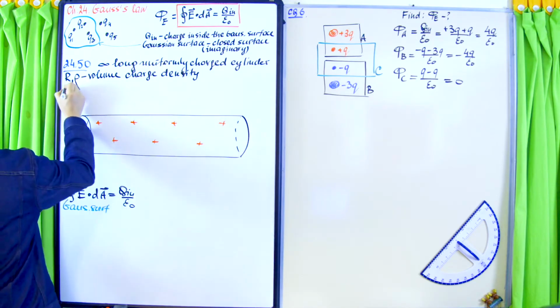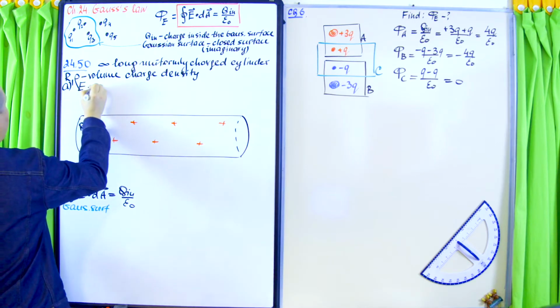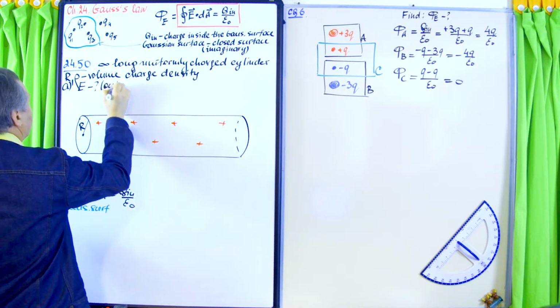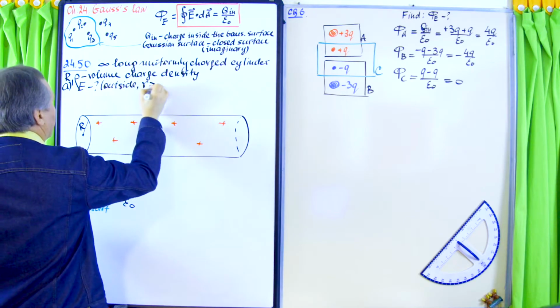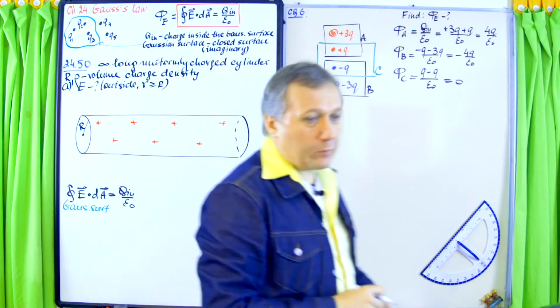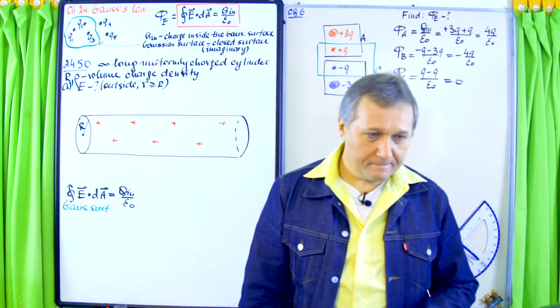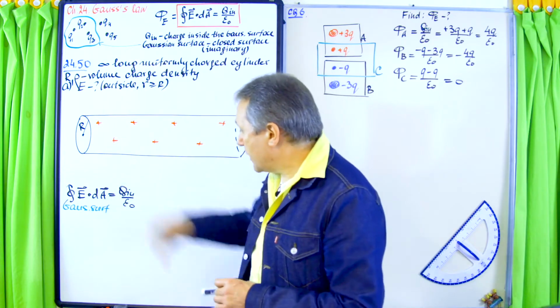So part A, we need to find the electric field outside, basically where radius r small is larger than R capital. Now we need to pick a Gaussian surface.